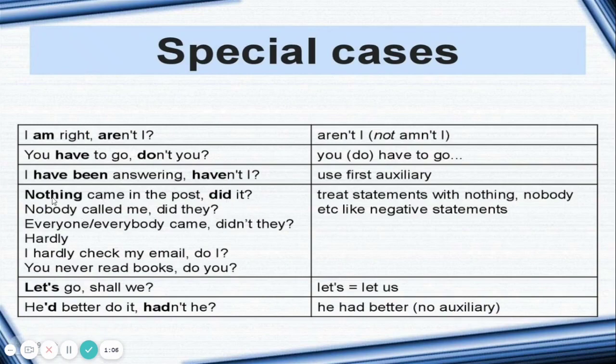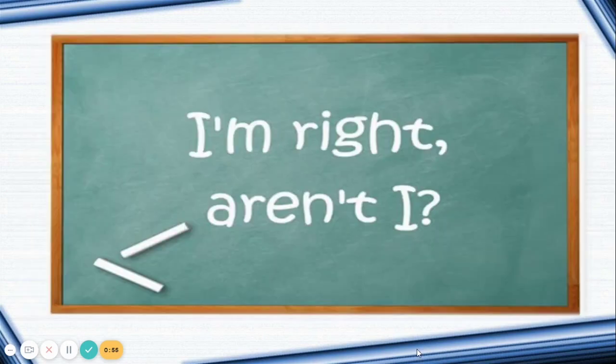As I have said, words like nobody and hardly, as in I hardly check, all come under the special cases. Okay, then, I am right, aren't I? Yes, aren't I is a negative tag. Am is a positive statement. Am changes into are.